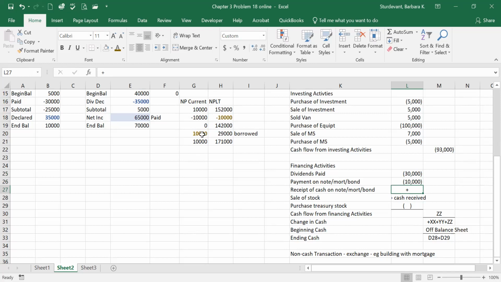You don't have to put it in because it's just a transfer. It's a journal entry. It doesn't affect cash. But this did right here. So we borrowed 29,000. So we're going to add that in over there. All right. Questions on the notes and the dividends before we finish this?